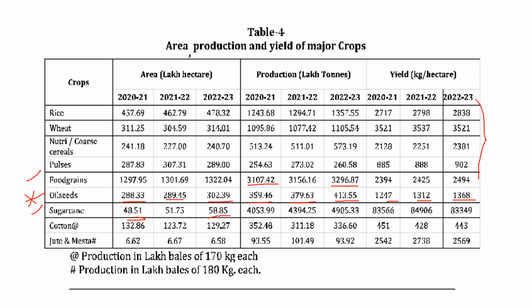You can see here the lakh tons production: 4,053 lakh ton in 2021 and now reached up to around 5,000 lakh tons. Also you can see the yield, 83,000 kilogram per hectare, increased slightly in 2021 and decreased slightly in 2023.